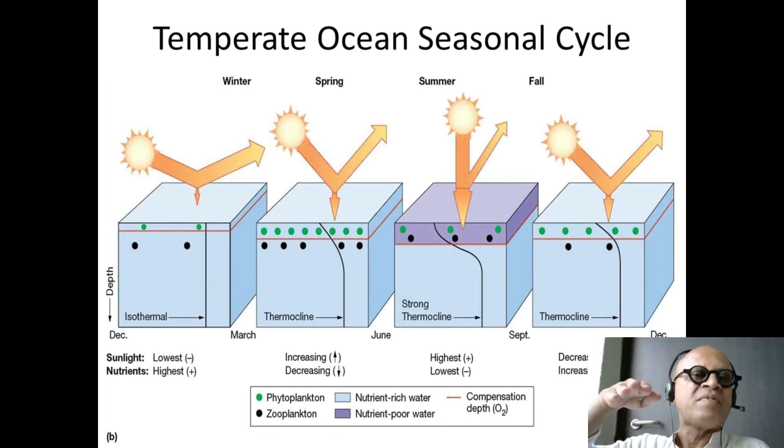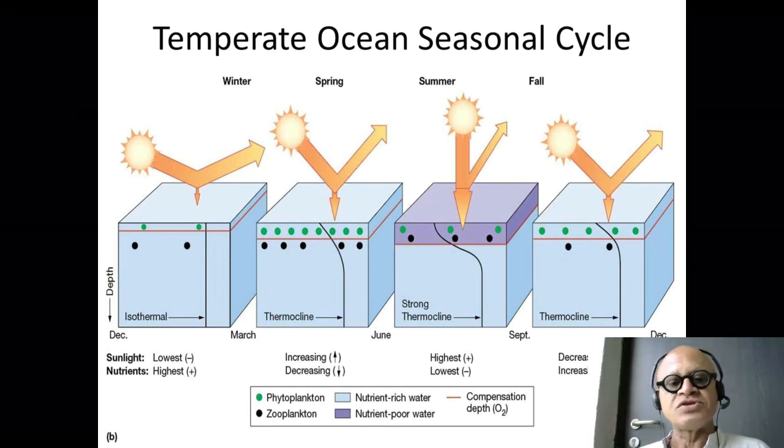When you form a stratification, nutrient concentration is high and it's trapped in a shallow layer where light is enough to produce phytoplankton. The green are the phytoplankton, blue are the zooplankton. Summer is minimal, and then in fall again you get restratification or the deepening of the mixed layer and the secondary bloom that's not as strong as the primary spring bloom.